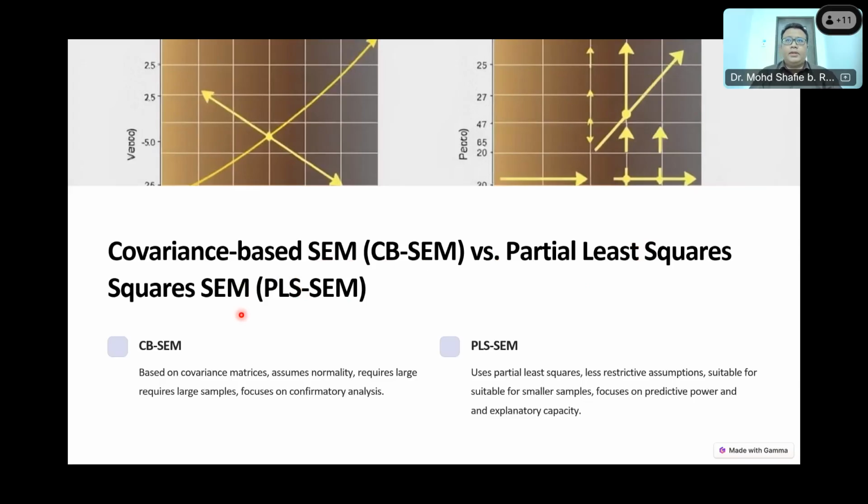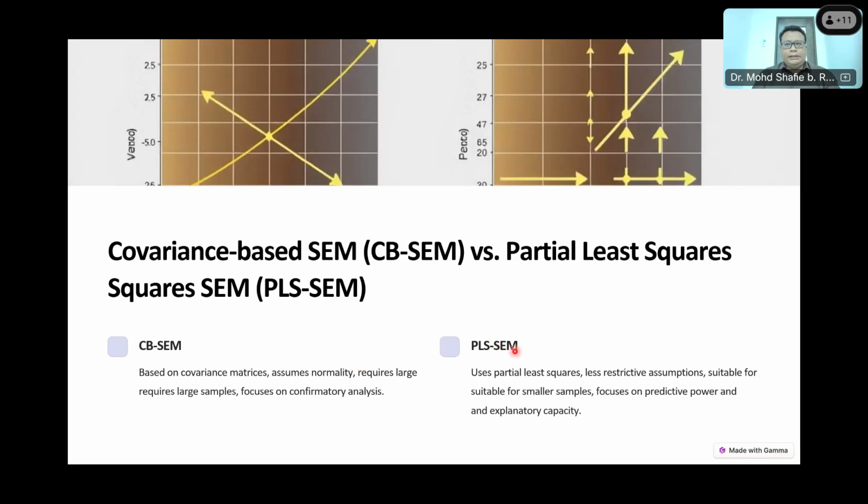So how are we going to understand covariance-based SEM? Covariance-based SEM is what you get when you are using IBM AMOS, because at this moment AMOS is only able to formulate models based on the covariance-based approach.